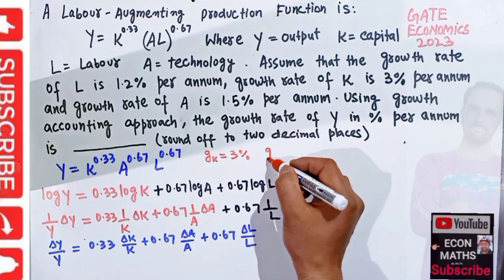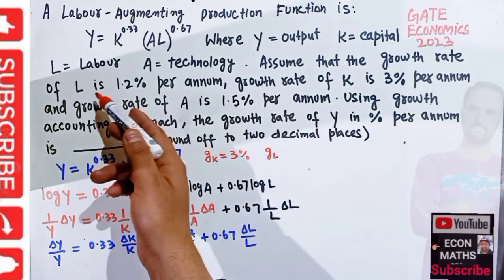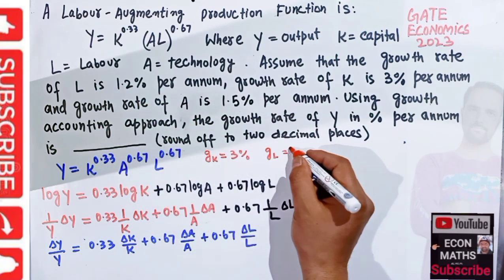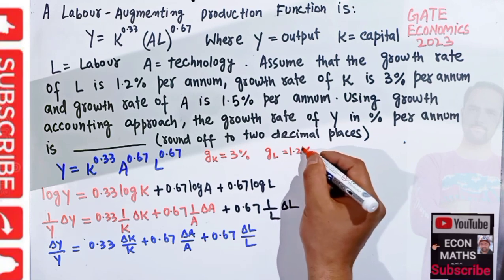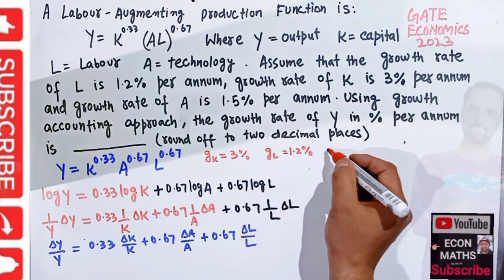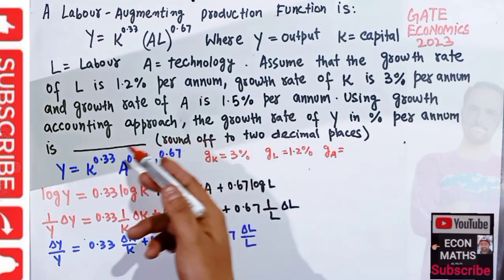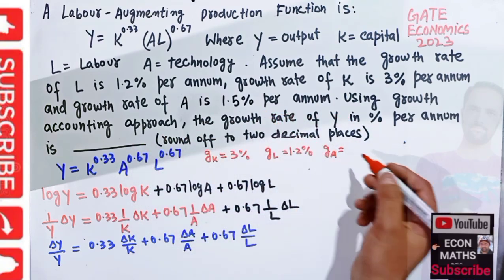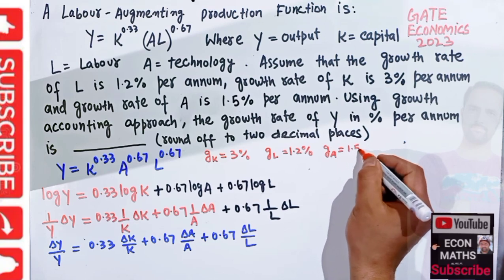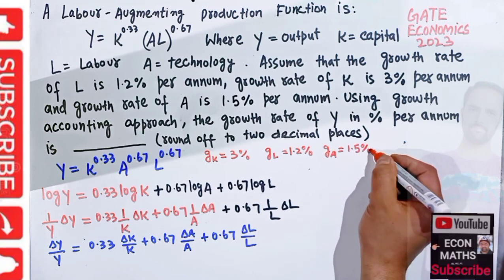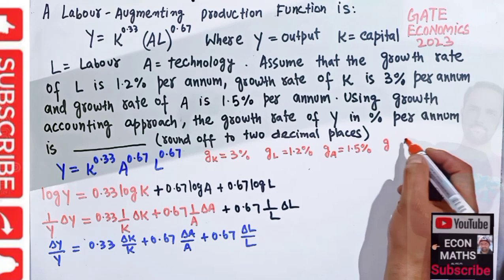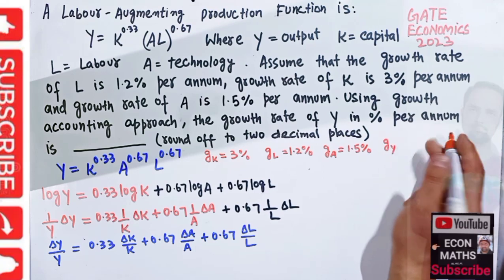And what is growth rate of L? Growth rate of L is being given to us as 1.2%. And growth rate of state of technology, let us denote it by G subscript A, is being given to us as 1.5%. We were supposed to find out the growth rate of output.